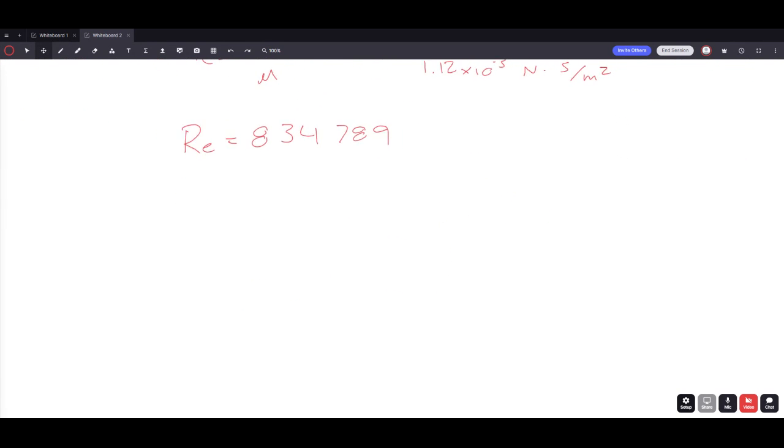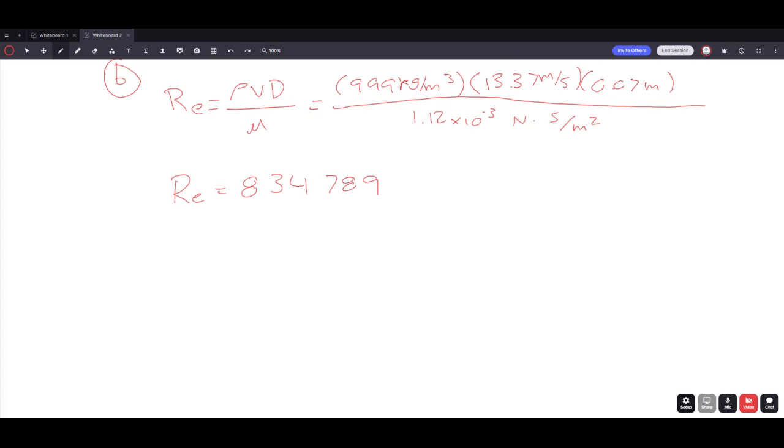Part C. The pump is 70% efficient. Determine how much power must be supplied to the pump.